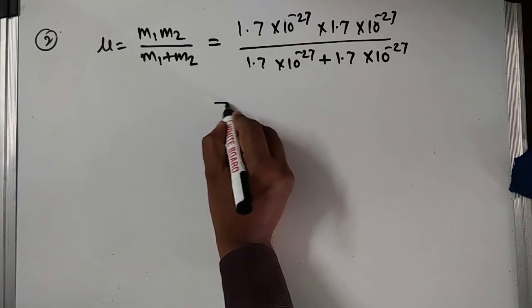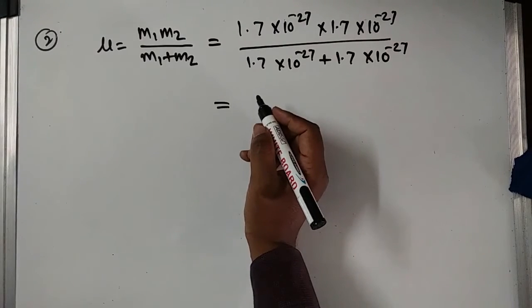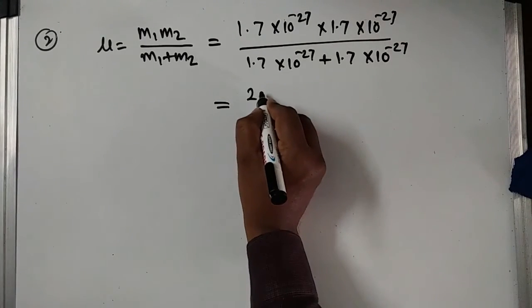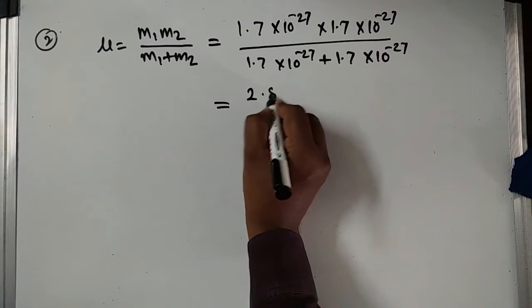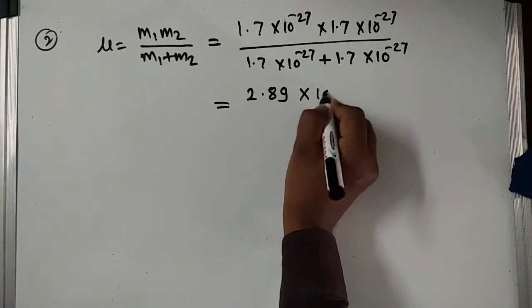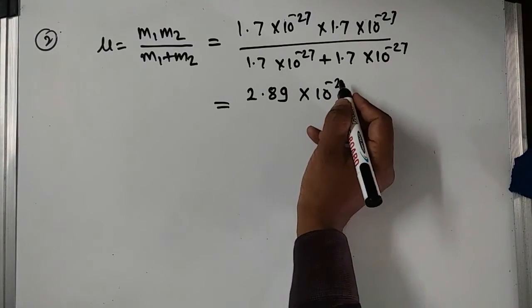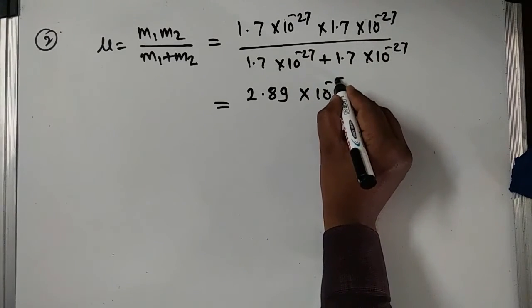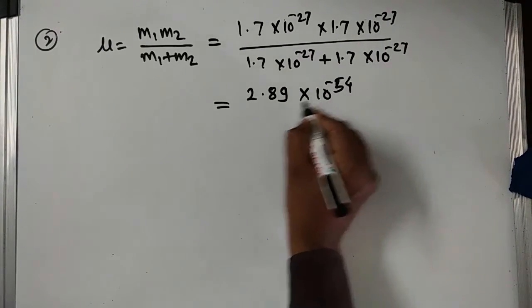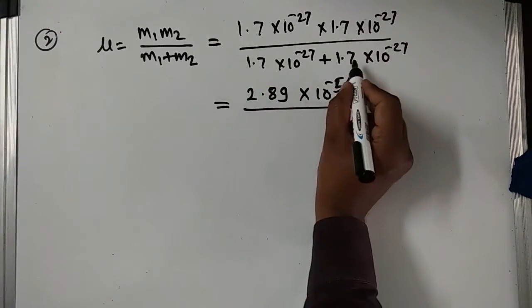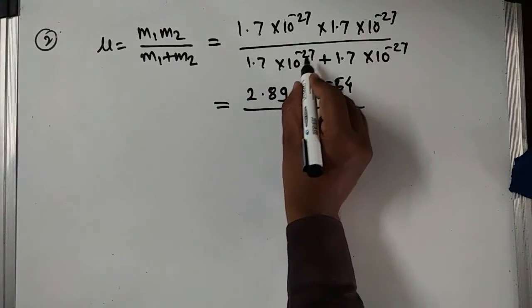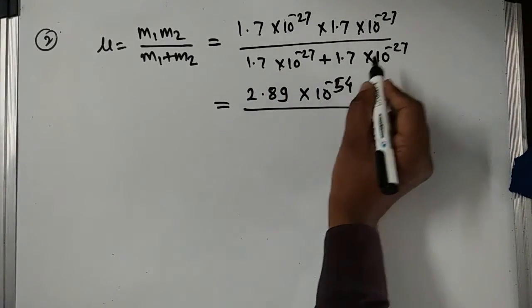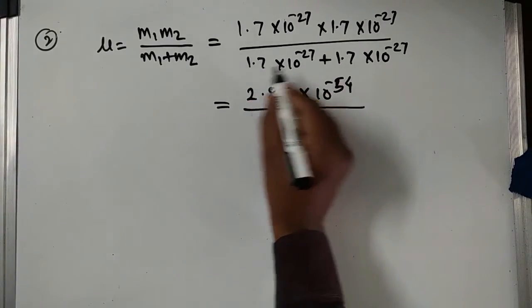Here we can easily calculate the reduced mass. So it is 2.89 into 10 raised to minus 54 in the numerator, and in the denominator it is a direct sum, so we can take out 10 raised to minus 27 common and do this sum, right?